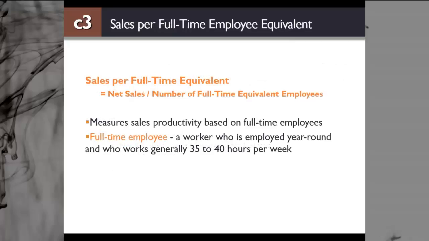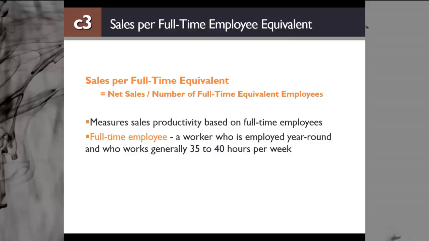Now another concept: sales per full-time employee equivalent. Sometimes you have part-time employees, but you want to calculate based on full-time equivalents. You can calculate sales per full-time equivalent if you know the net sales and divide by the number of full-time equivalent employees.